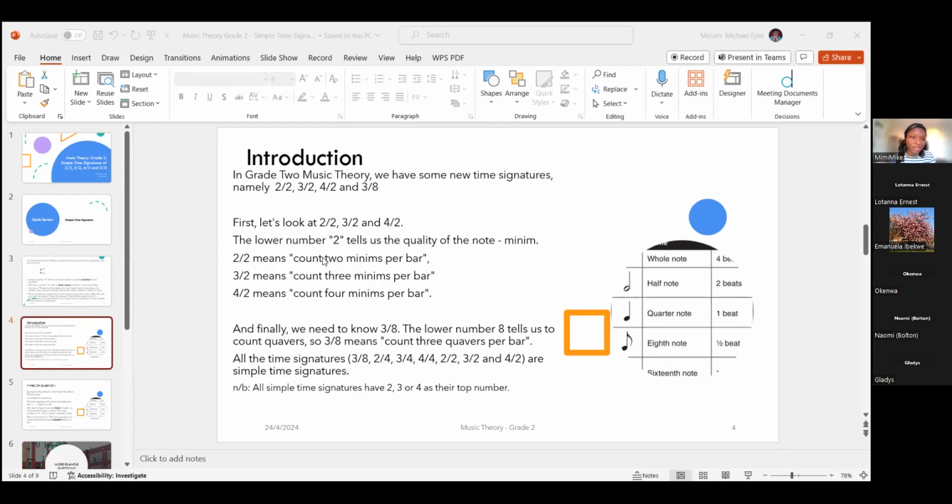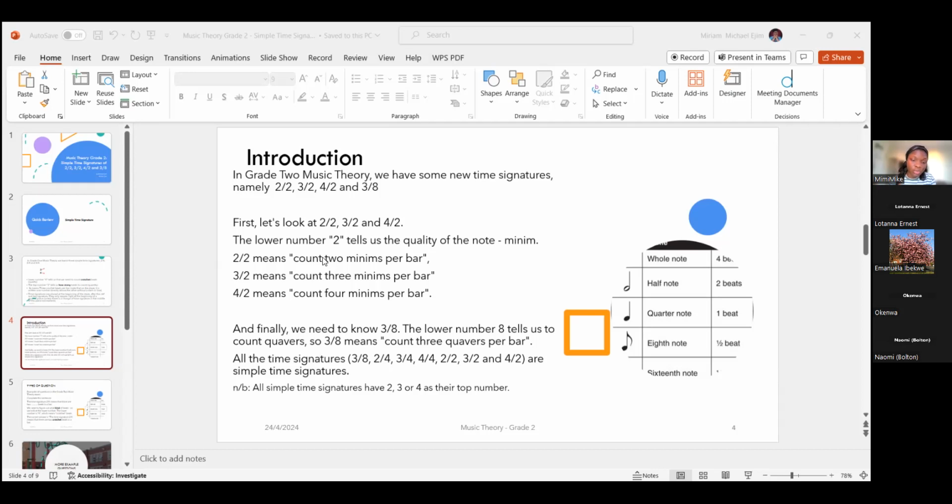It's also called alla breve. So when it comes up in a theory question and they ask for another name for 2/2, you may see common time, you may see just C, you may see alla breve. So you should know that alla breve is another name for the 2/2 time signature.